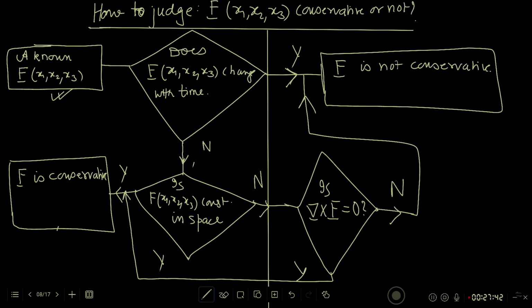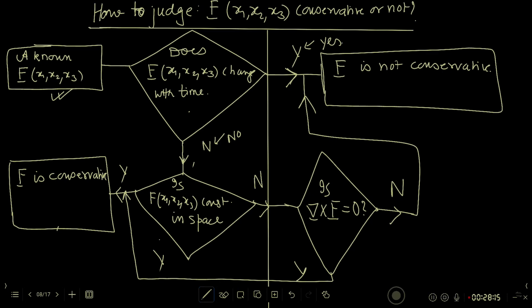If it does not change with time, N means no, this means yes. Then you have to do another check. Is f constant in space? It does not depend on time, does not depend on space also. It's a constant force. F is conservative. You can conclude right away.